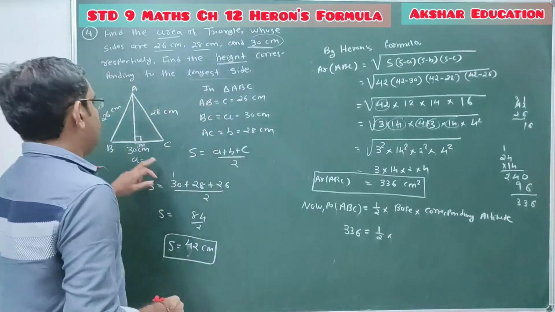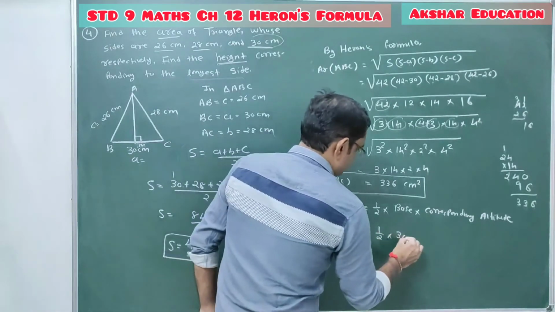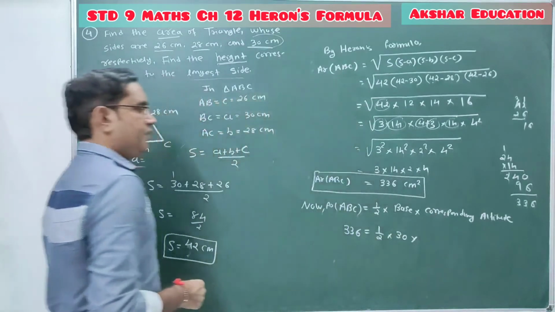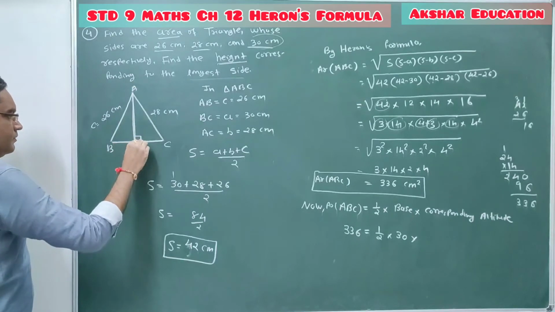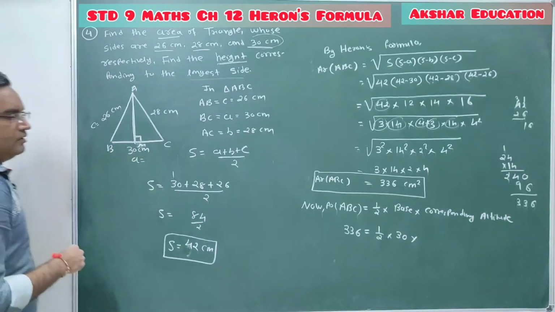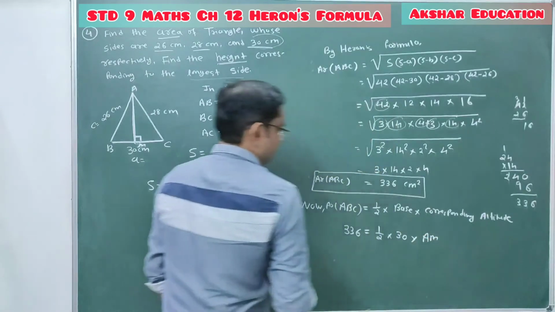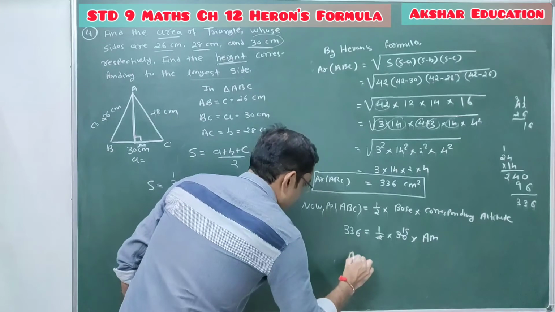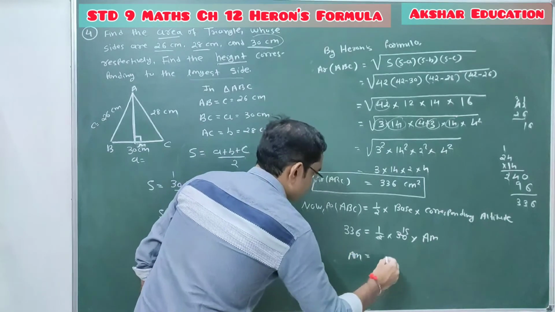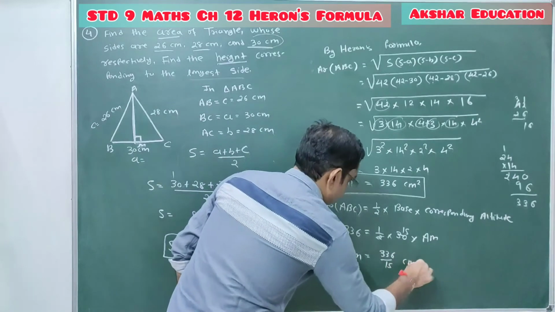Now what is base? Base is our longest side, which is 30. So the length of base is 30 and the corresponding altitude is AM, which is the height of the triangle. So here you have to find the value of height AM. So it's 2 into 15s. So our AM will be 336 by 15 centimeter.